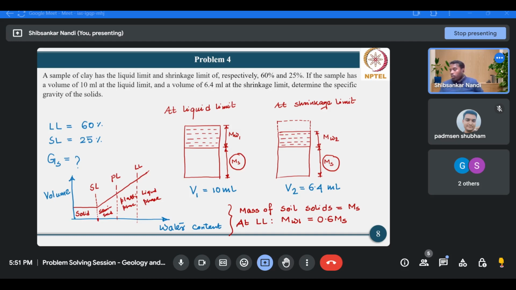The mass of water will be at its highest value compared to the other limits, the shrinkage limit and the plastic limit. But the value would become 0.6 times ms.